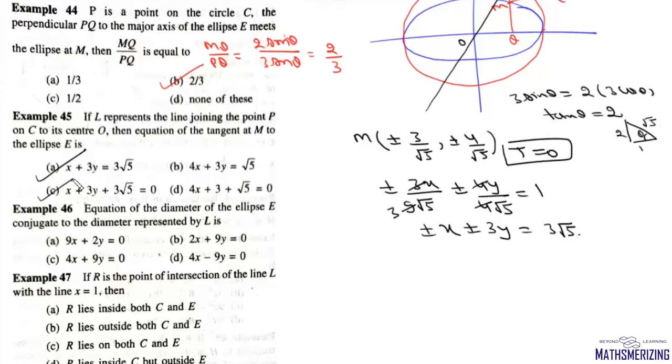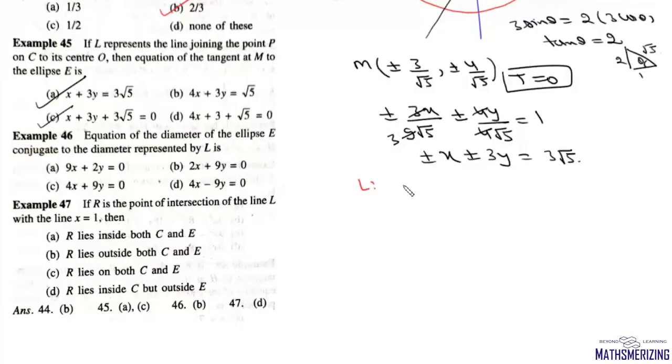Now the question is the equation of the diameter of the ellipse E conjugate to the diameter represented by L. Now here the equation of L is y equals 2x. That is, the value of m is 2. And we know that the condition for conjugate diameters is m into m dash is equal to minus b square upon a square. That means 2 into m dash is equal to minus b square upon a square.